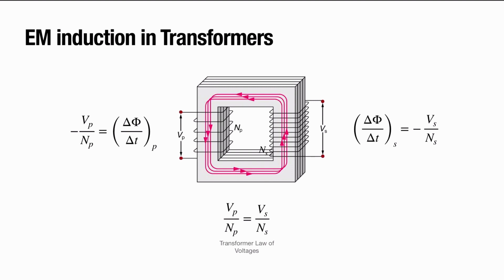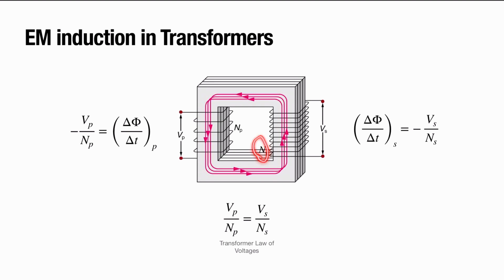Remember from Lenz's law that the change in magnetic flux is nothing more than the voltage produced divided by the number of windings. Well, on the primary side, our voltage was Vp, and the number of windings is represented by N sub P, and P here means primary. So then we can equate this change in magnetic flux to this. And the same can be done on the secondary side.